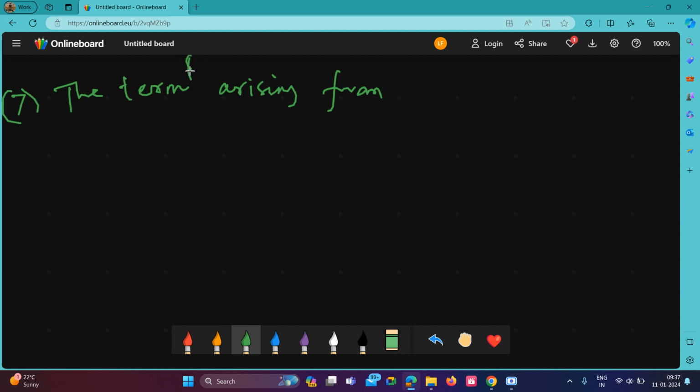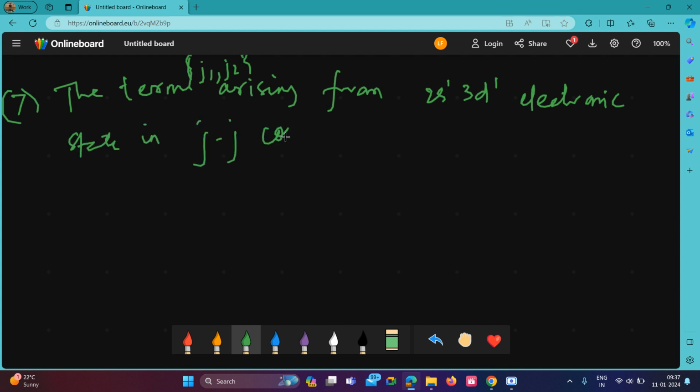The term J1 J2 arising from 2s1 3d1 electronic state in JJ coupling scheme.